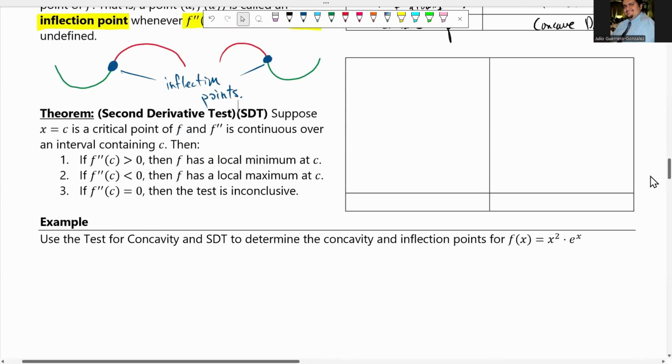It's the second derivative test. So suppose, let me write them in first. On the first one, I'm going to do max, and on the second one, I'm going to do min. All right, here we go. Suppose your second derivative is bigger than 0 at a critical value.